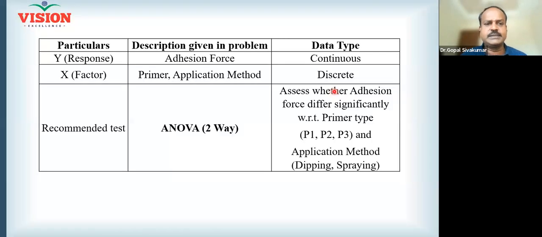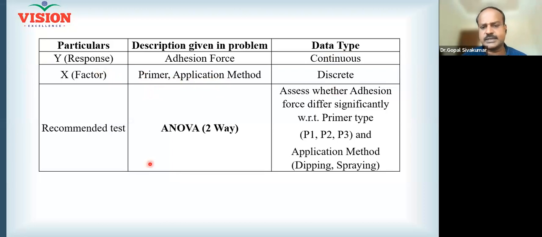All right. So with that, we are now going to this problem. The data is also available in the Excel file. Look here, adhesion force is your Y variable, which is a continuous variable. Factors, there are 2 types of factor. One is primer, another one is painting method or application method.